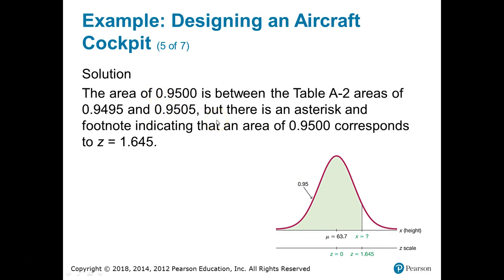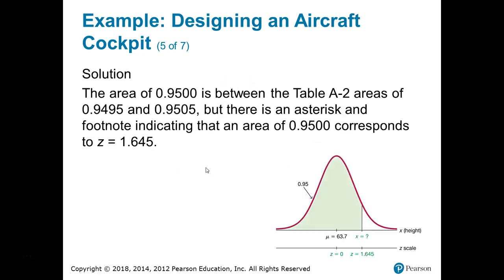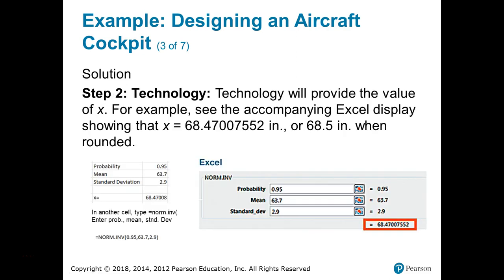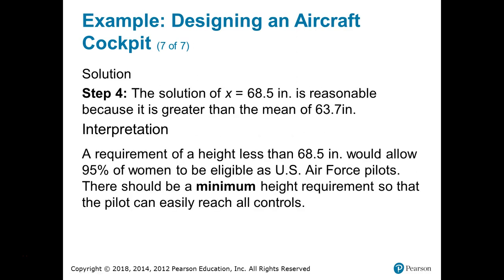For the area 0.95, you look at the chart and see that it corresponds to that value. Using the equation, you can get x this way as well. And you can see that this 68.47 is the same value that we got using Excel. So both methods work. Shocker.